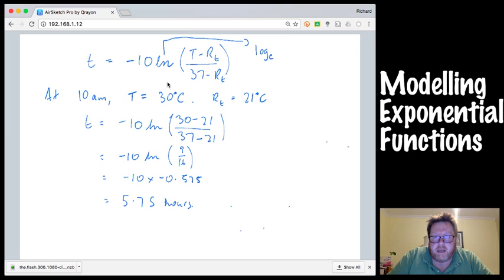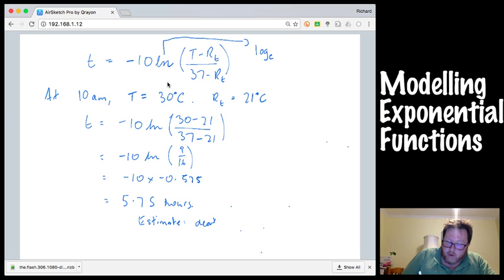If 10 a.m. is when the body was discovered, then 5 hours earlier would be 5 a.m. and then 3/4 of an hour earlier would be, so the estimate, I suppose, is that the death occurred at 4:15, thereabouts. So 5 a.m. and then 45 minutes earlier, 4:15.